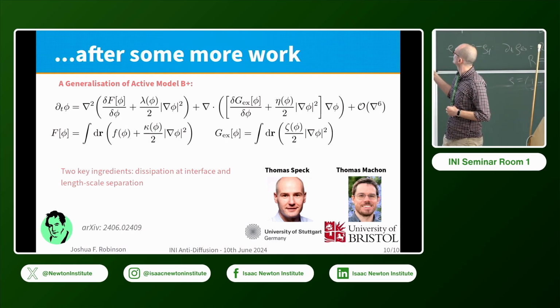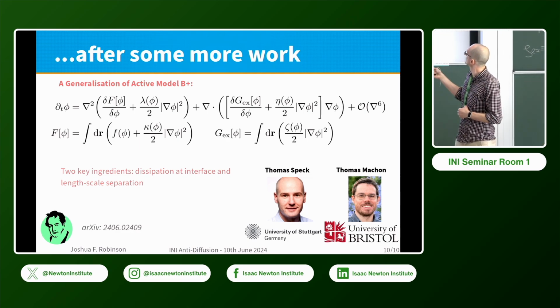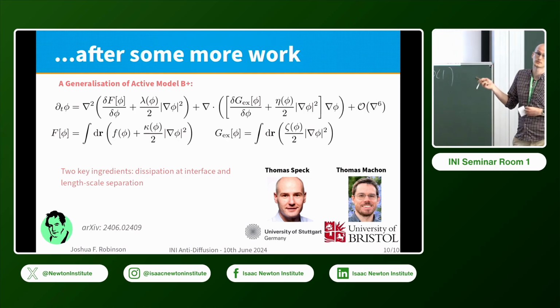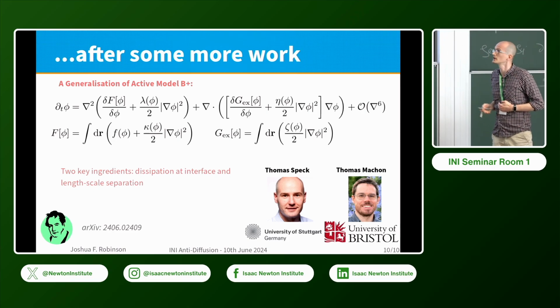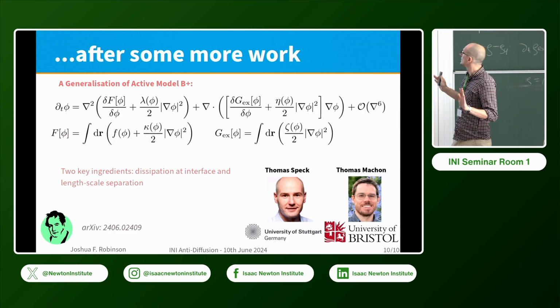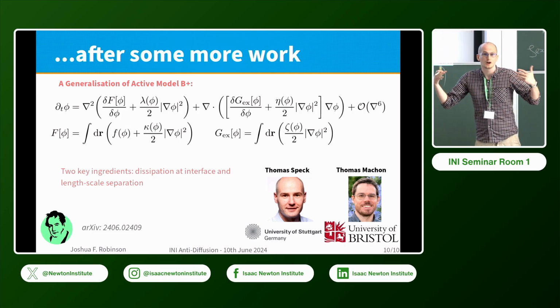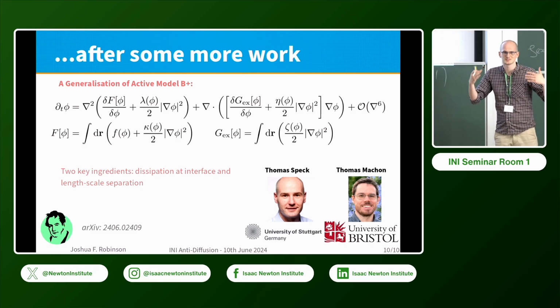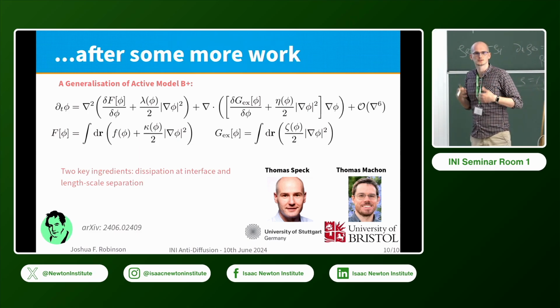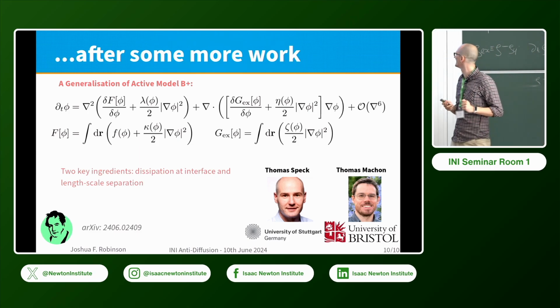And you get a new non-integrable term which is analogous to lambda. In fact, zeta is analogous to kappa and geometrically has a very similar meaning, and eta has a very similar meaning to lambda. And length scale separation, I believe, I may be wrong, is the key. But I will stop there, and you can tell me I'm wrong.